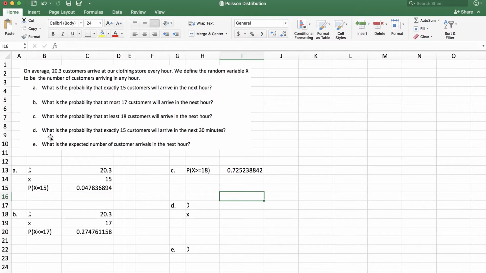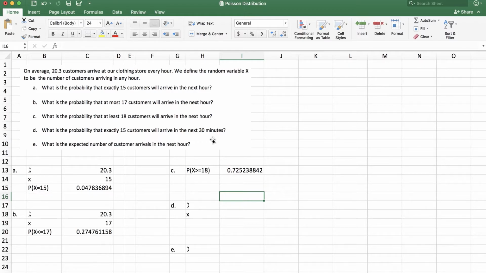Part D. What is the probability that exactly 15 customers will arrive in the next 30 minutes? Here's a tricky question. Poisson distribution can be scaled. What that means is, for example, I have a website and 10 people click on my website every 10 minutes.